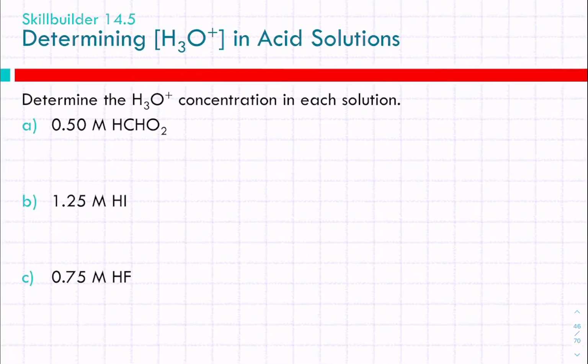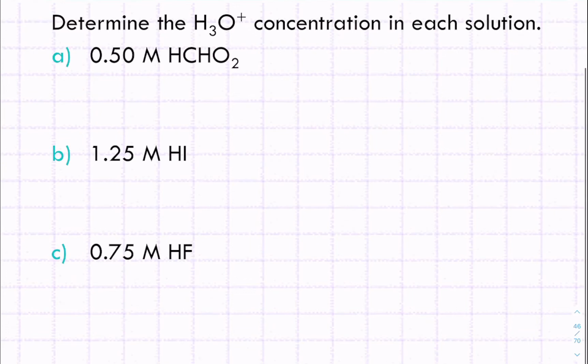All right, let me go through these quickly as well. We want to determine the H3O+ concentration. Remember that strong acids ionize completely, so their concentration of H3O+ is going to be the same as the concentration of the acid.